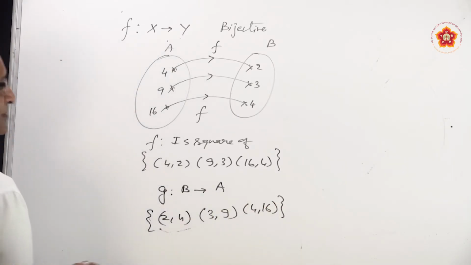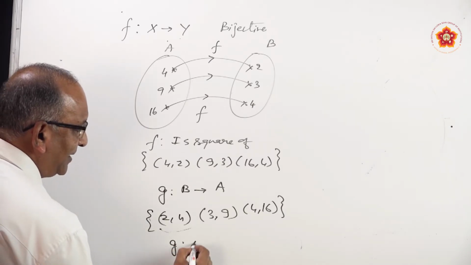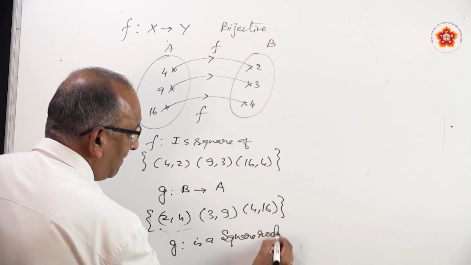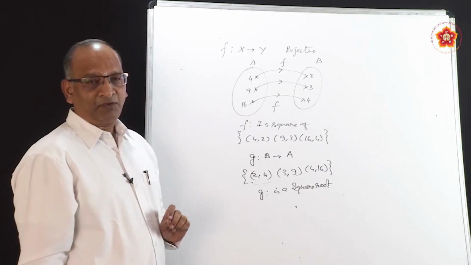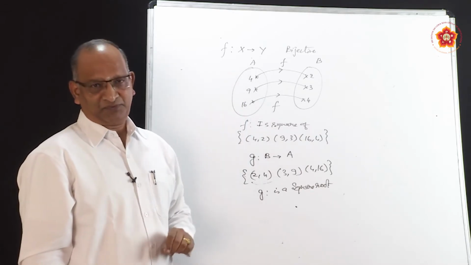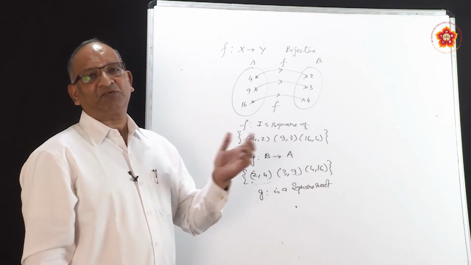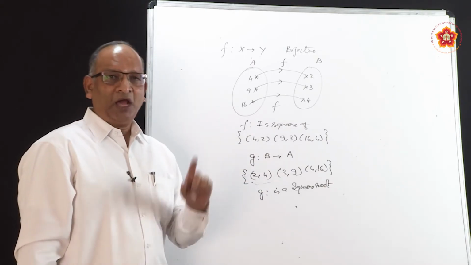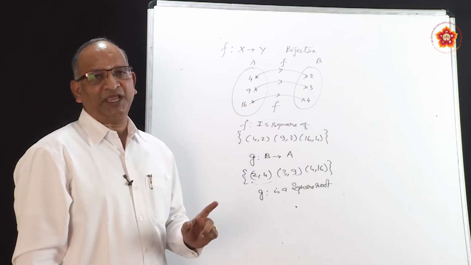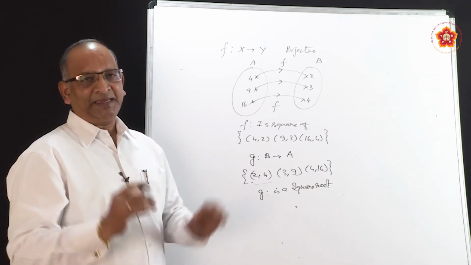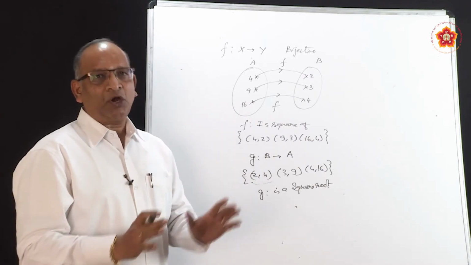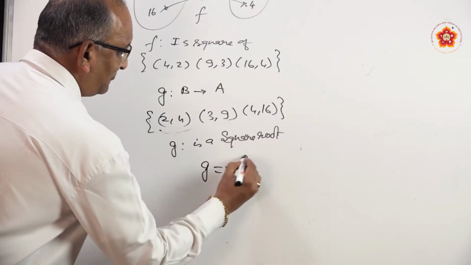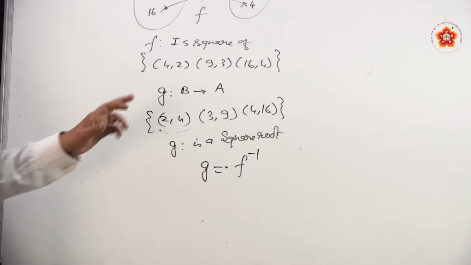And what is the function here? It is a square root. The original function was square of. Now the function is square root. f is a function from A to B. We also found there is another function g from set B to set A. In such a situation, g is called the inverse of f. g is nothing but f inverse.